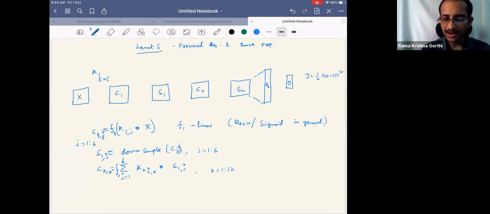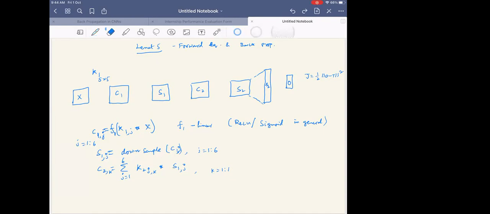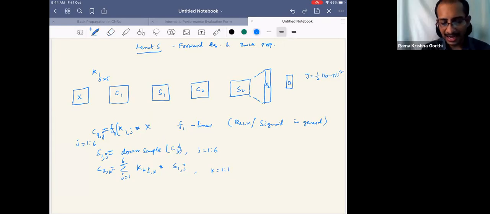But we may skip it for the time being, for simplicity. Please note that there is an F2, and in fact there is a bias also, which we skipped. At the beginning, we just don't want to make things complicated. For each feature map you have a bias, so here also b_k will be there, and this whole thing will come in along with the activation function.